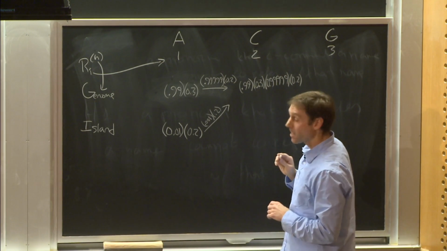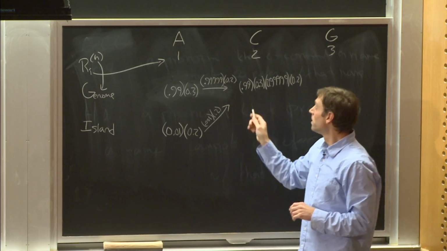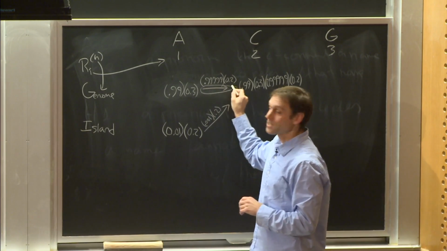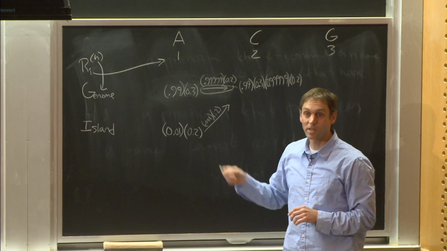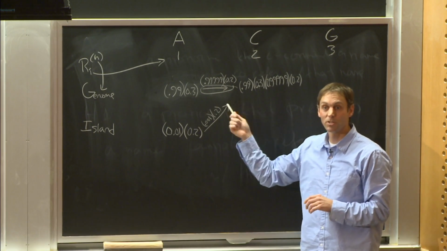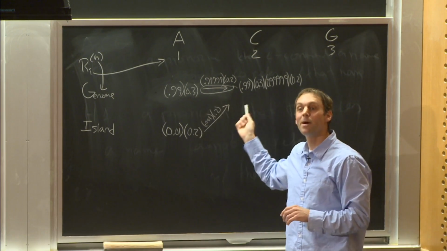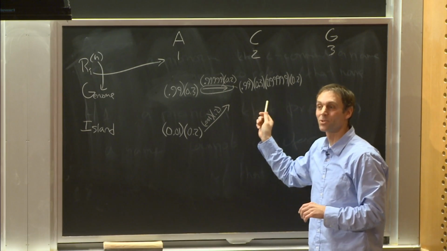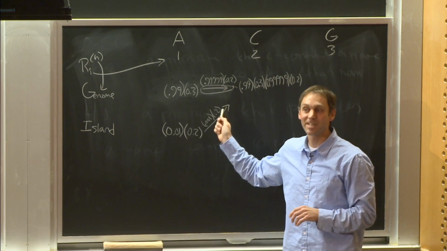That's the winner. And the other thing we do, besides recording this number, is we circle this arrow. Ring a bell? This is sort of like Needleman-Wunsch or Smith-Waterman, where you remember how you don't just record what's the best score, but you remember how you got there. We're going to need that later.